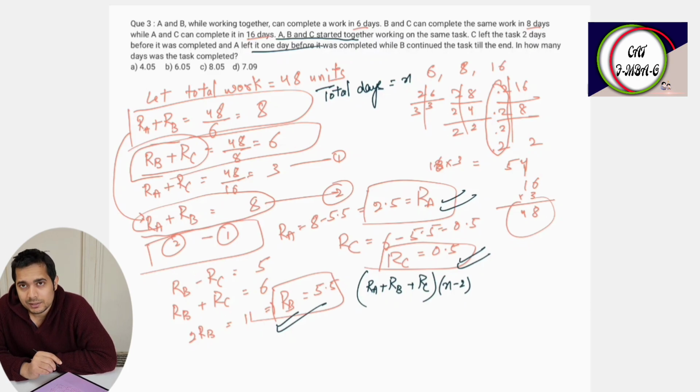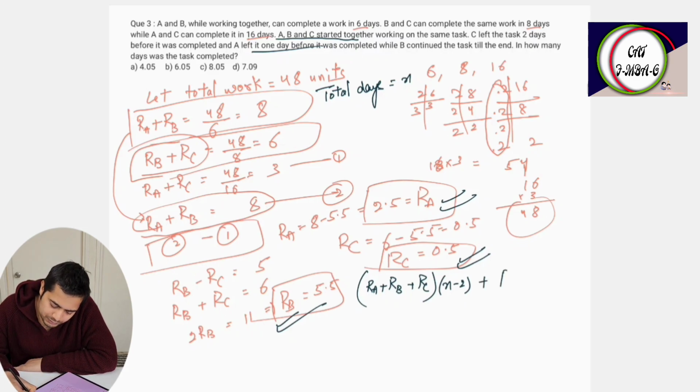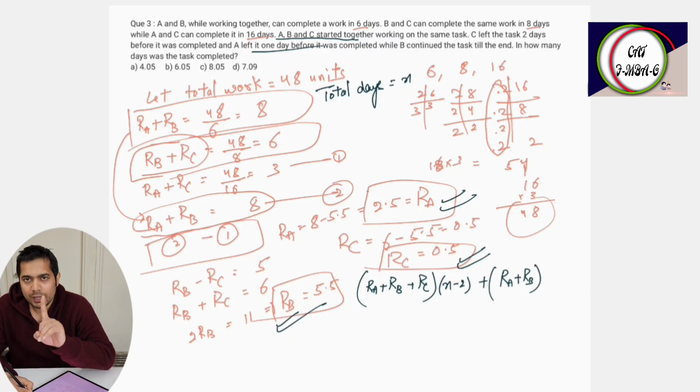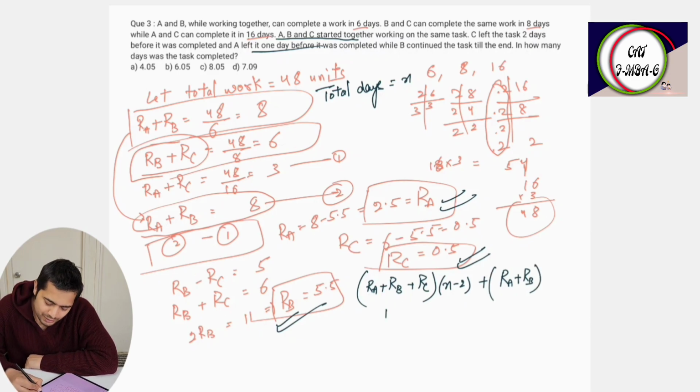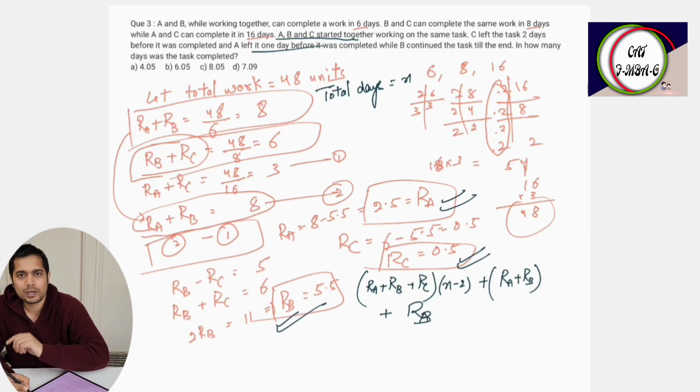Then C left the task 2 days and A left 1 day. So plus RA plus RB, those guys worked for 1 day. And on the last day, only RB worked, because C left and A also left.